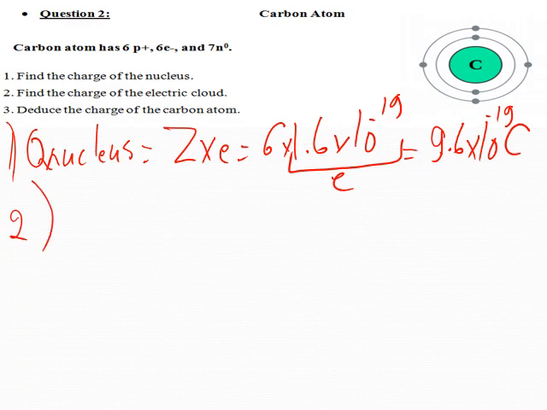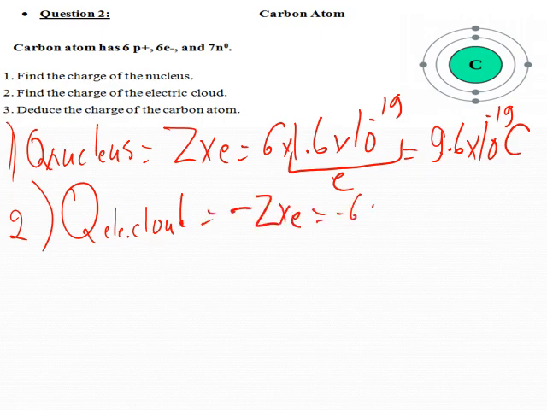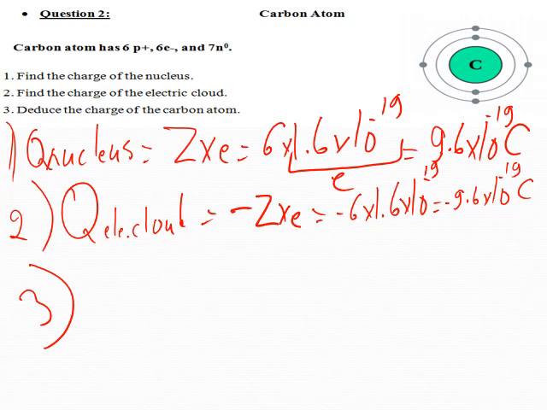Part 2: the charge of the electron cloud, Q of the electronic cloud, is equal to minus Z times E since it's negatively charged: minus 6 times 1.6 times 10 to the power minus 19, so minus 9.6 times 10 to the power minus 19 coulombs. Part 3: deduce the charge of the atom.